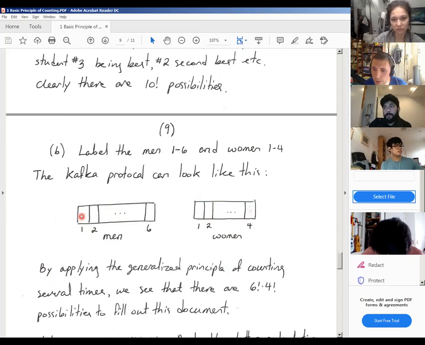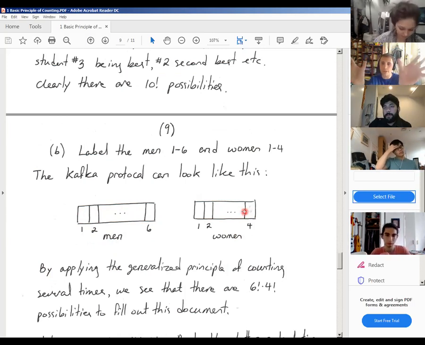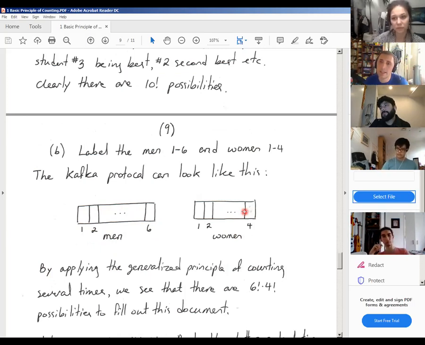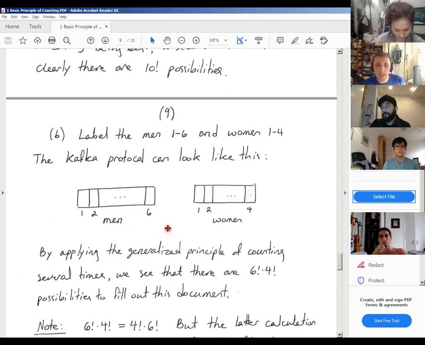So there are 6 factorial. And the women, 4 factorial. For every ranking of men, the women can be ranked independently, right? Because it doesn't affect how the women are ranked. That's the assumption here. So the answer is 6 factorial codes to write here, and 4 factorial codes to write here. This means 6 factorial times 4 factorial. That's my answer. You understand, guys?